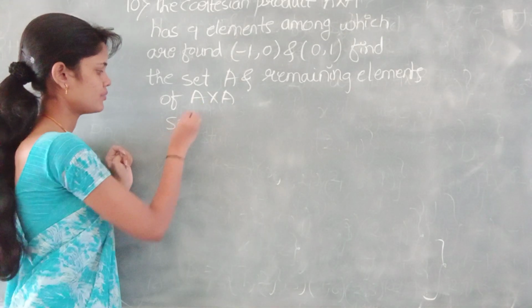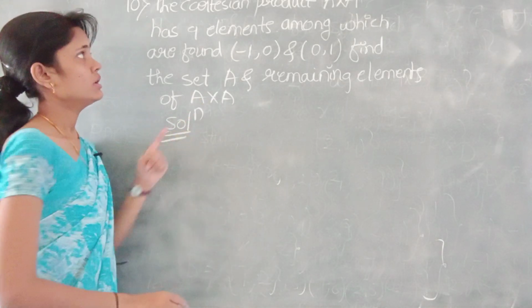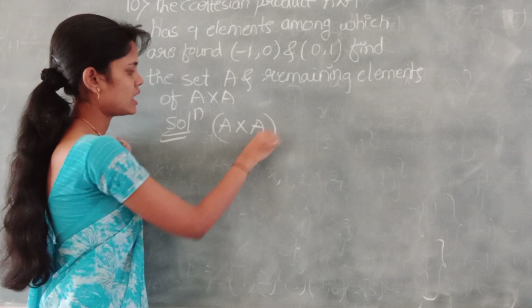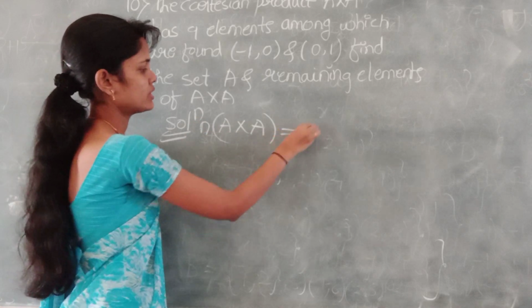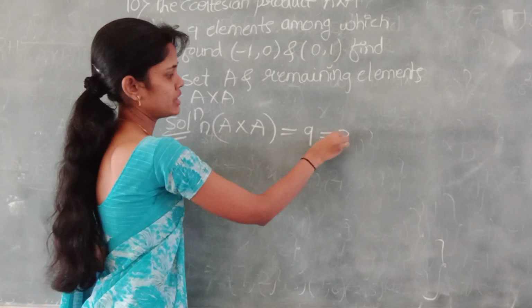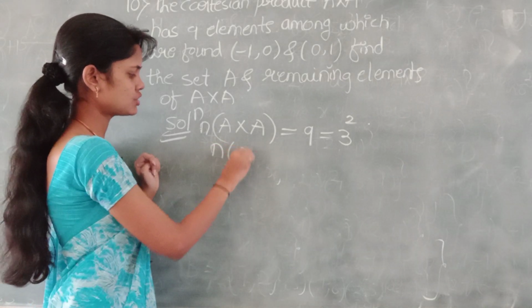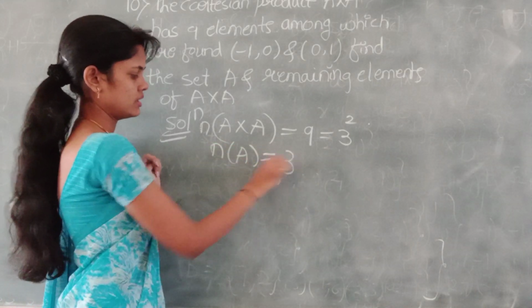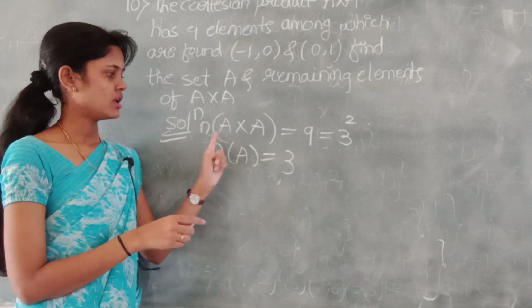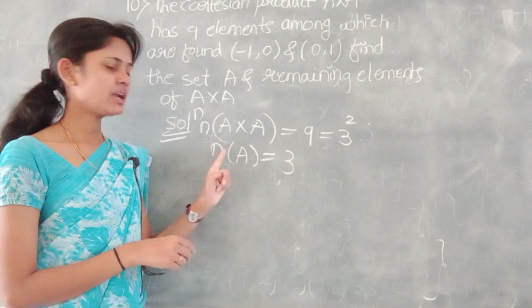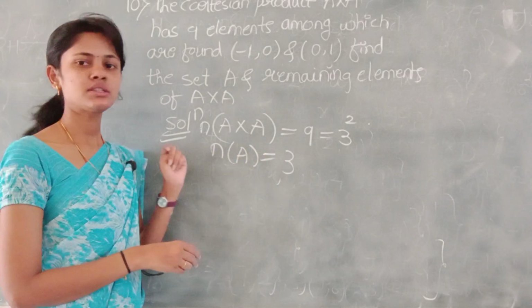So see here, the number of elements in A cross A is given as 9, which can be written as 3 squared. So n(A) is equal to 3, the number of elements in A. If the number of elements in A cross A is 9, then the number of elements in A is 3.